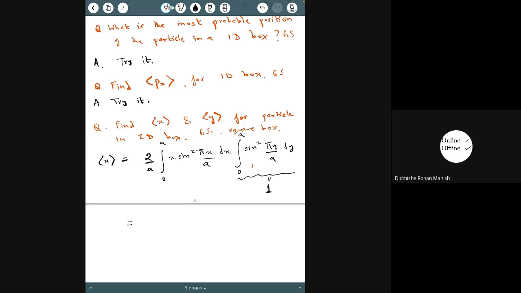And I end up with basically the same integral as the particle in a 1D box, and that I know is A by 2. Similarly, expectation value of Y will also be A by 2, because this is a square box.